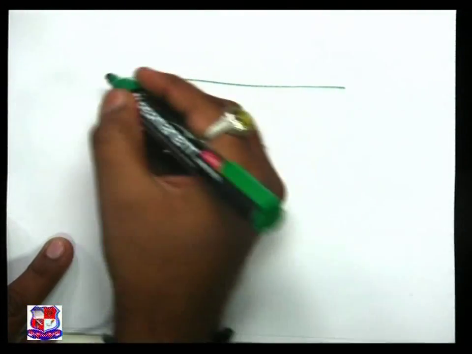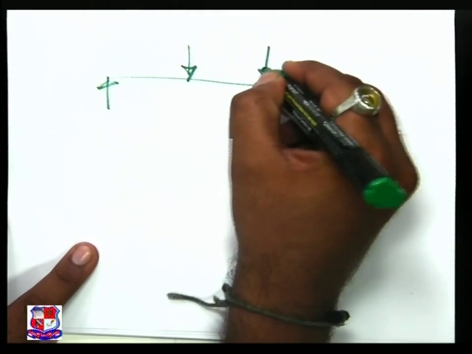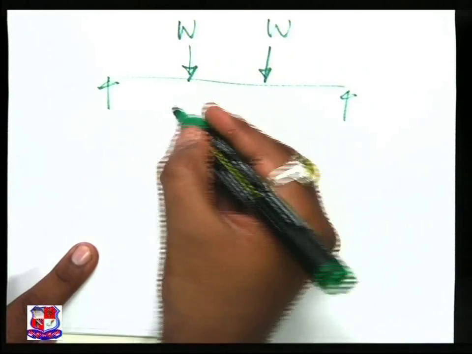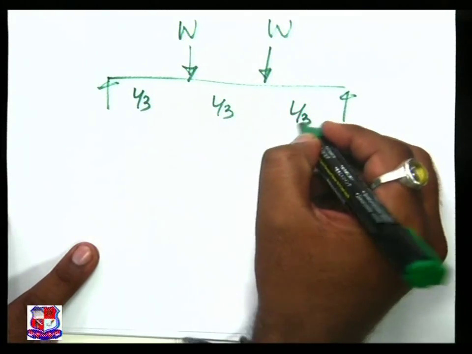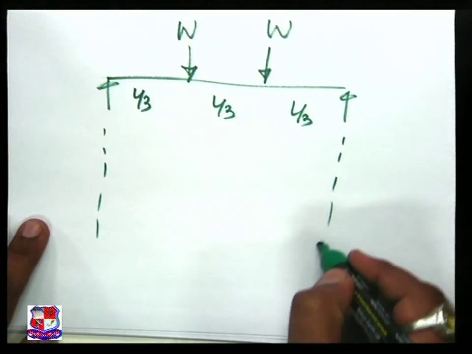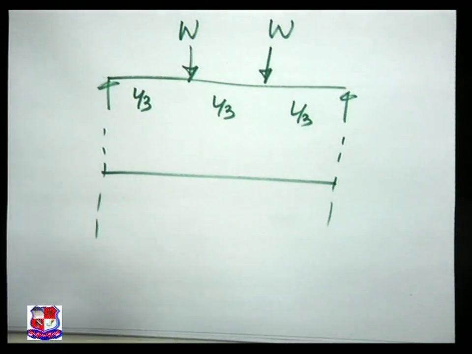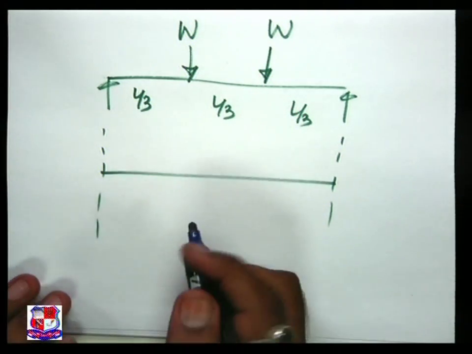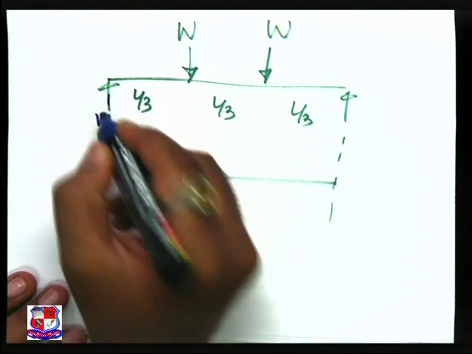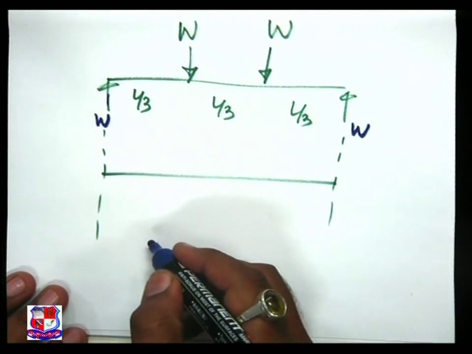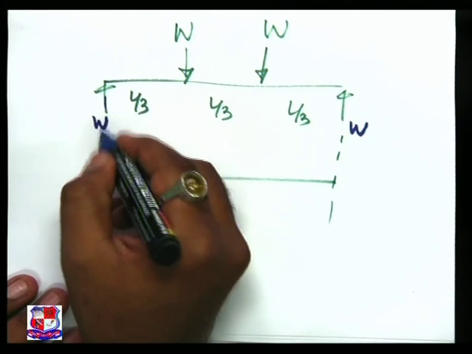This is the given beam, a simply supported beam with two point loads W, at L by 3 distances. I want to plot the shear force diagram. To plot it, I first have to find the reactions. As my beam is symmetric, this is W and this is also W. Hence, the shear force diagram starts at W, the support reaction itself.